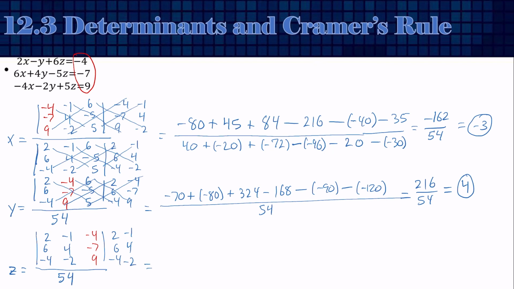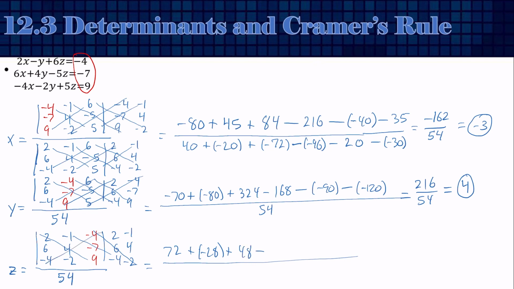And find the determinant. 2 times 4 times 9 is 72. -1 times -7 times -4 is -28. And then -4 times 6 times -2 is 48.